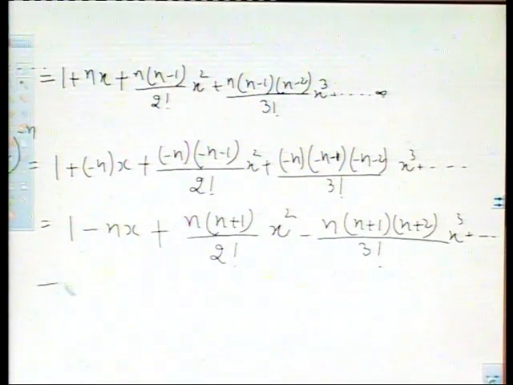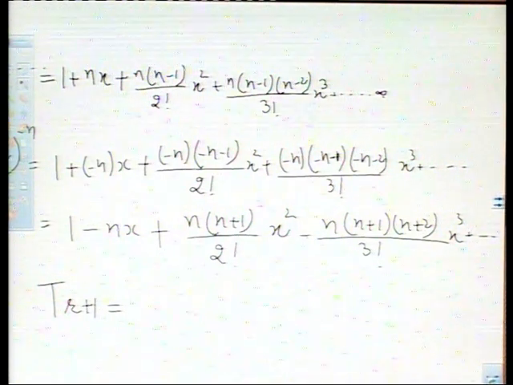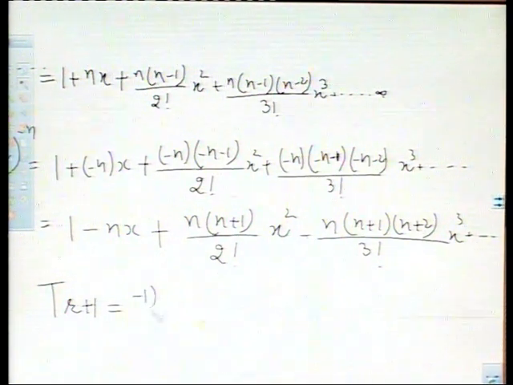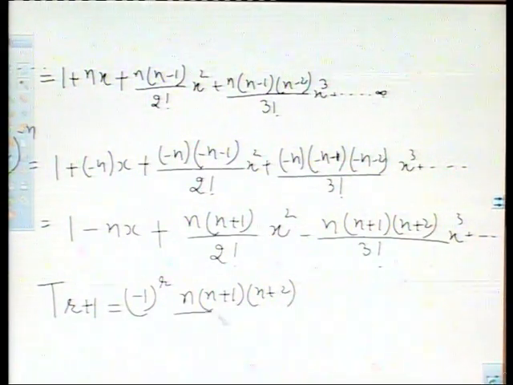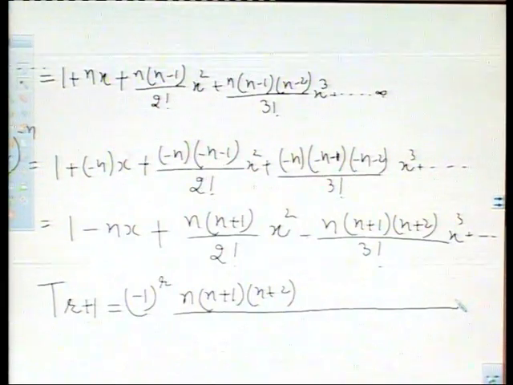Now what will be the general term? From here we conclude the signs are minus, plus, minus, so (minus 1) raised to power r, n, n plus 1, n plus 2. When there is the first term, second term, third term, fourth term, this is our fourth term.